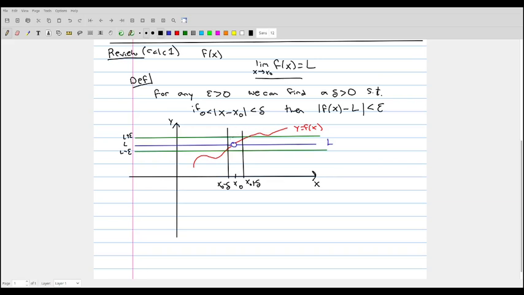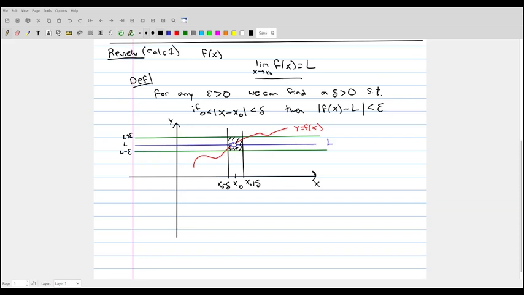You can visualize that as epsilon gets smaller and smaller, this box is going to be getting smaller and smaller as well. But if the limit exists, this will always happen. You'll always be able to zoom in and have the function approaching this value L and staying trapped inside this box right here.